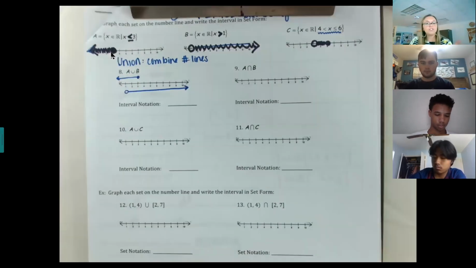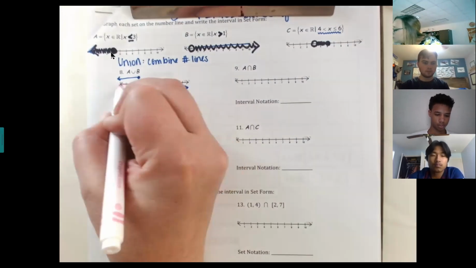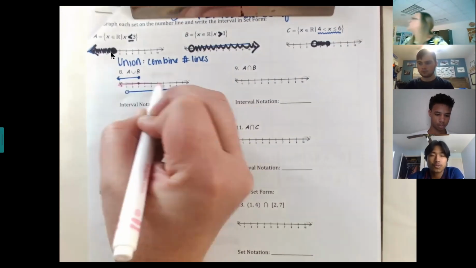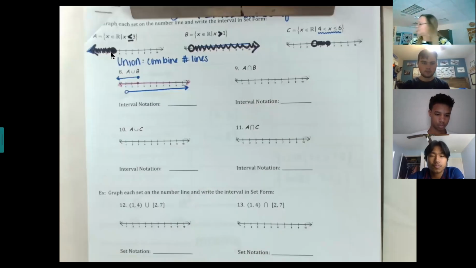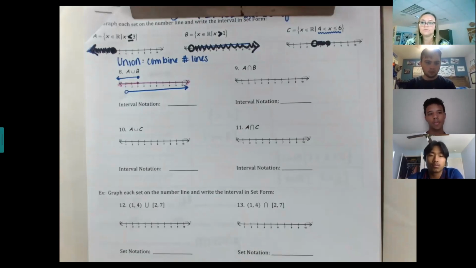And then I want to think about if I were to stack those on top of each other, how much of the number line would end up shaded? I'll do it maybe in a little pink color. Here I do 3 to the left, but then I do 1 to the right. How much of the number line ends up getting shaded once I stack?